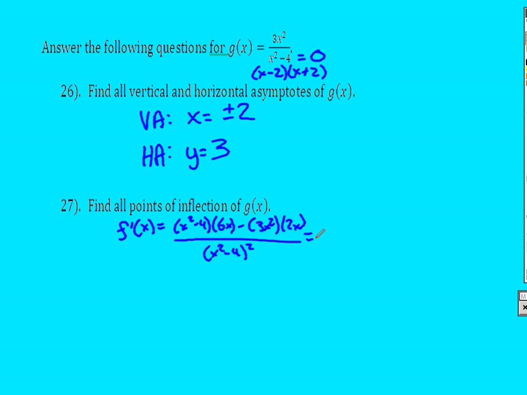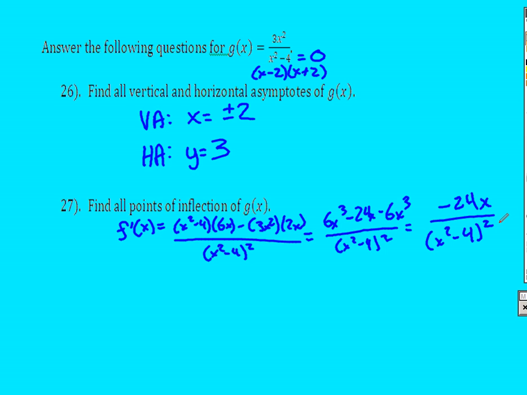I'm going to expand this. I'll go through a whole step. 6x cubed minus 24x minus 6x cubed, all over (x squared minus 4) quantity squared. Simplify that one more time. I'll get negative 24x on the top, and I will get (x squared minus 4) quantity squared on the bottom.